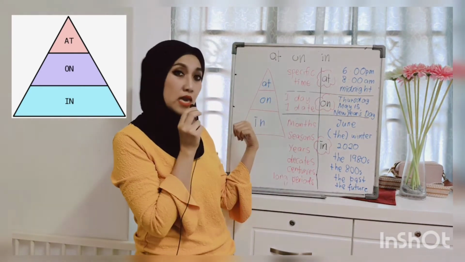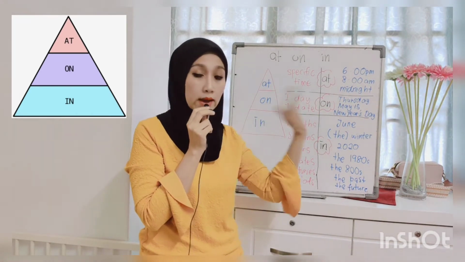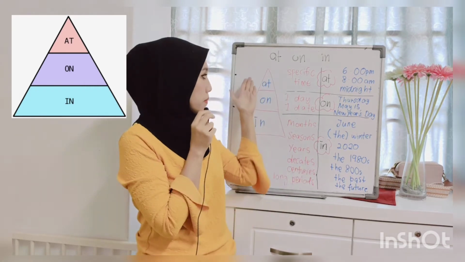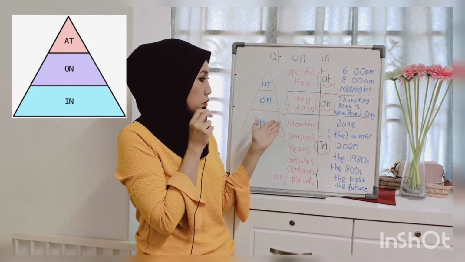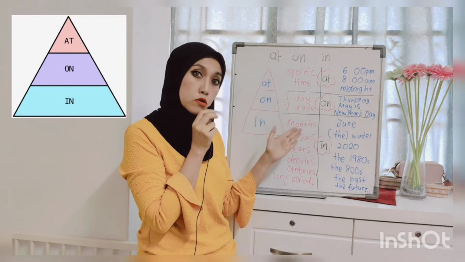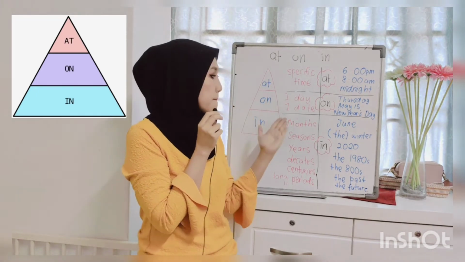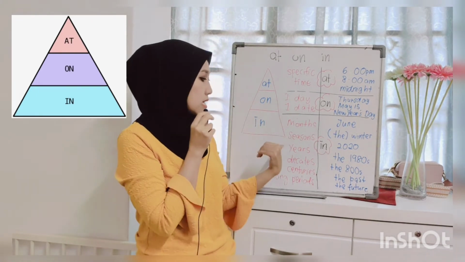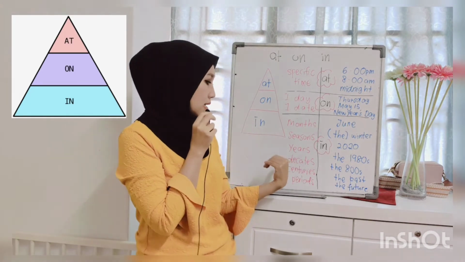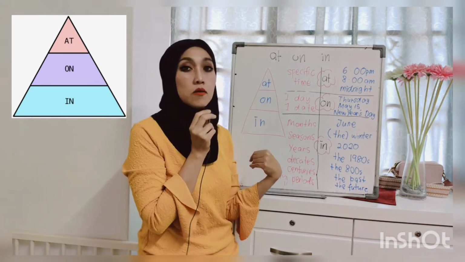So in is the widest among the three prepositions. We use it when you want to talk about months, seasons, years, decades, centuries, and long periods.